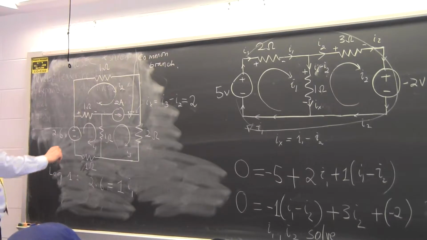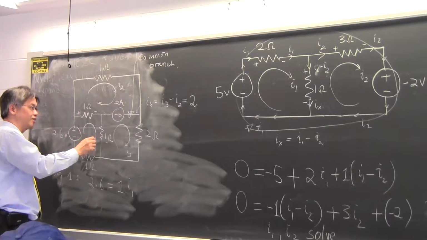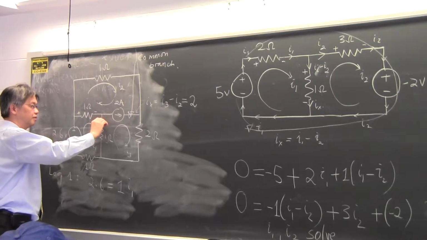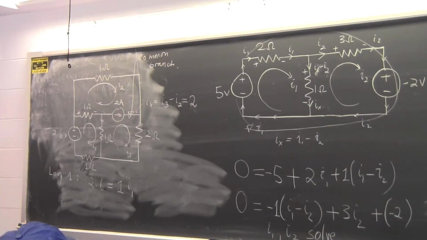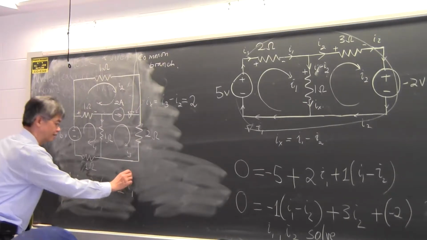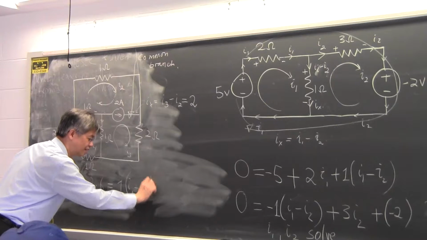And then the voltage drop on the second resistor. But what is the current that actually goes on this branch? Doesn't that first resistor on the top share between the loops? You're right, you're right. It should be 1 times I1 minus I2. That's right. Very good. Thank you for catching that.